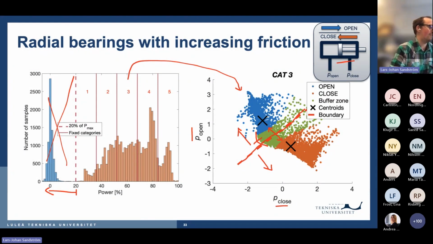Yeah, so to summarize, first we make power categories, and for every power category, we also separate the data into opening and closing of the turbine. So in this case, if we have 5 power categories, we have 10 models that we're working on in the analysis.